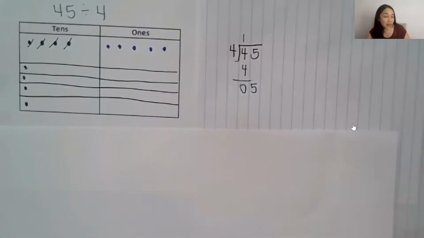5 ones divided by 4 groups equals 1 one. We can place 1 one in each group, but we're going to have 1 remaining. Go ahead and distribute the discs, crossing off the 4 that you use.